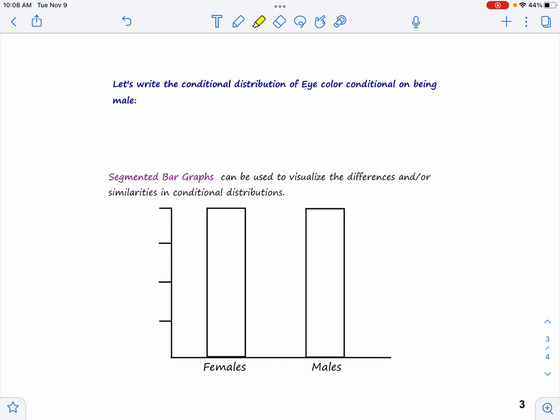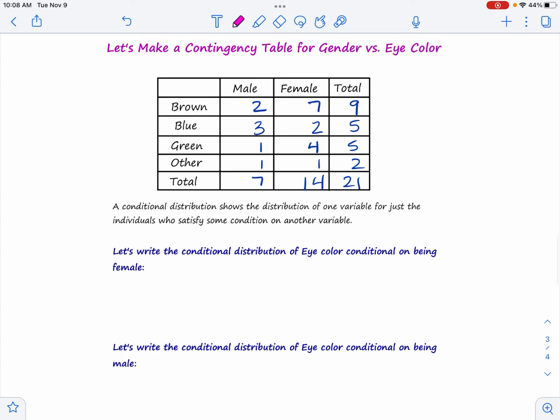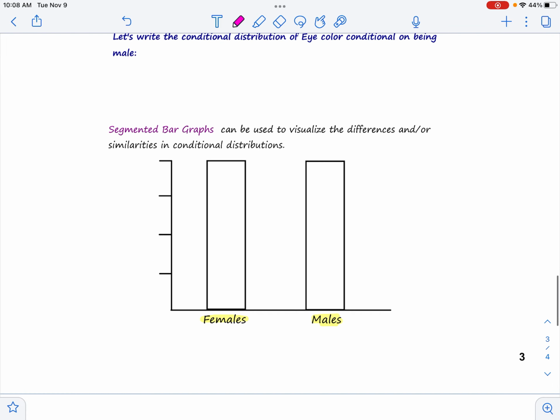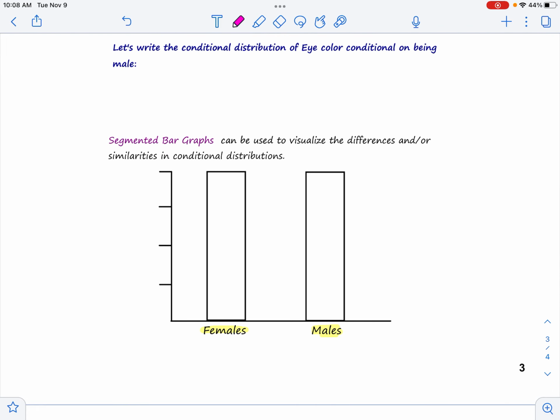So we can create one for females and one for males based on eye color. We would have to find the distribution of eye colors for each females and males. In order to do this, we want to find the probabilities of each, or the proportions, the percents.